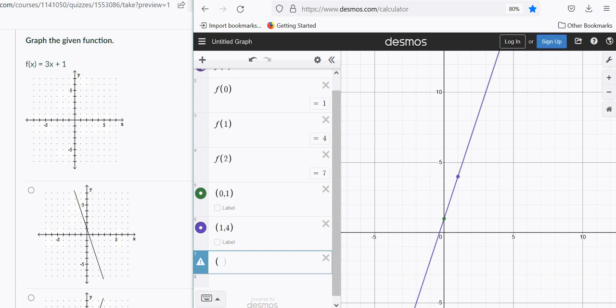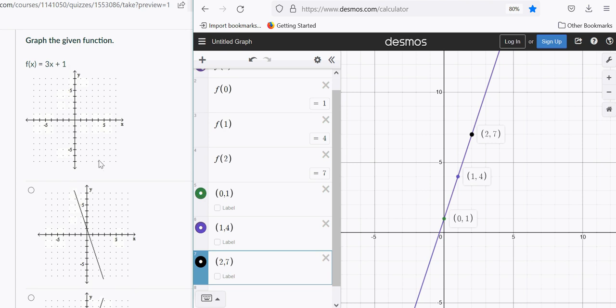And then you can see if you do x equals 2, you have 7. See x input 2 here, you got 7. And then you know x is 2, y is 7, right here. 2, 7, 1, 4, 0, 1. So you know this function is going to be a line.